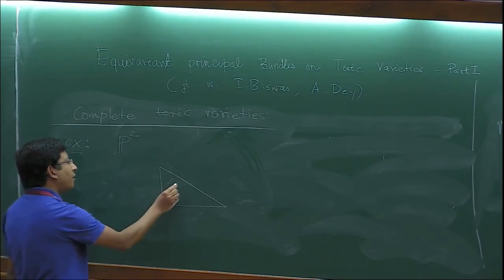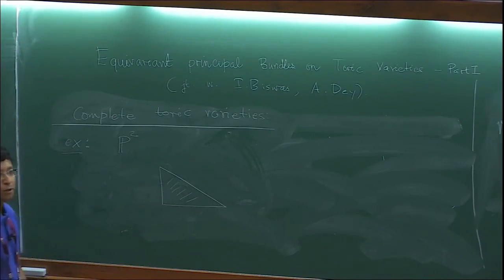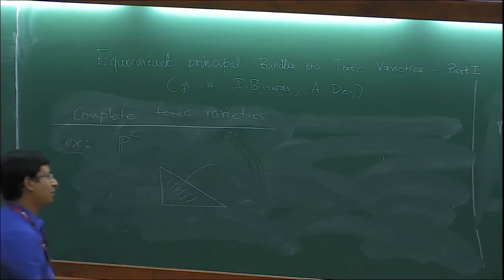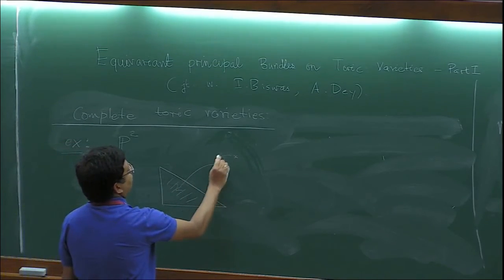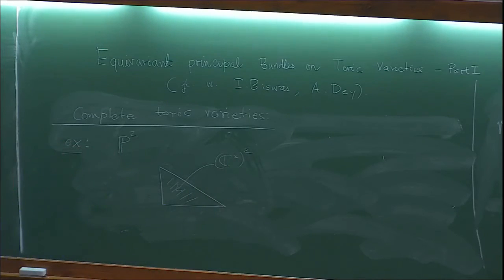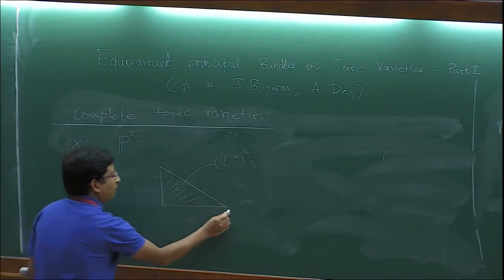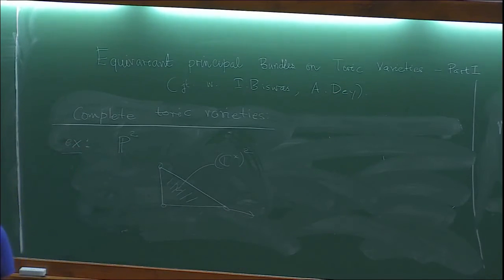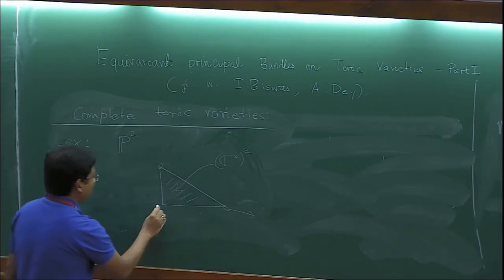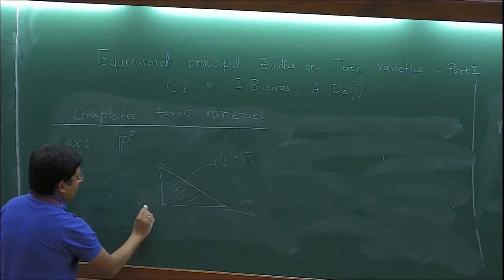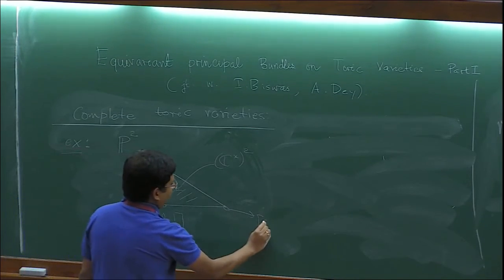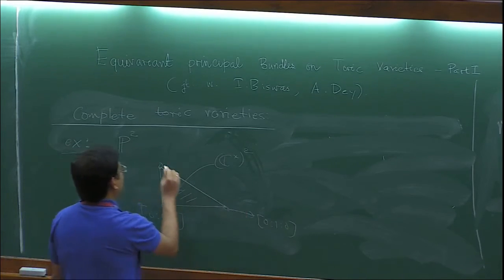The interior corresponds to the open dense orbit, which is C star squared. And I'll put 3 vertices. The vertices are the points 1, 0, 0, 0, 1, 0, 0, 0, 1, etc. So let's say that this is in homogeneous coordinates 0, 0, 1, 0, 1, 0, and so on.